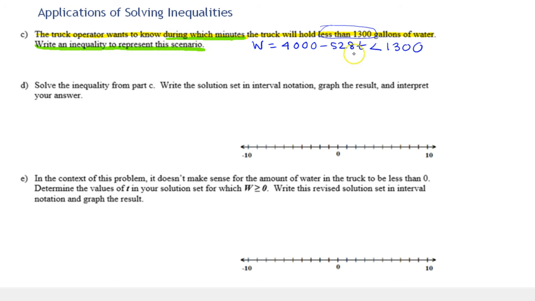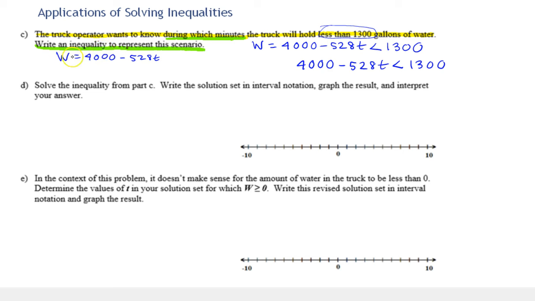Lots of times when we're solving equations, let's look at something like this. If we started with this equation, we'll say maybe find the T value for when the water is exactly equal to 1,300. Okay.